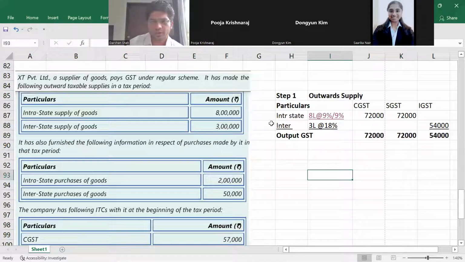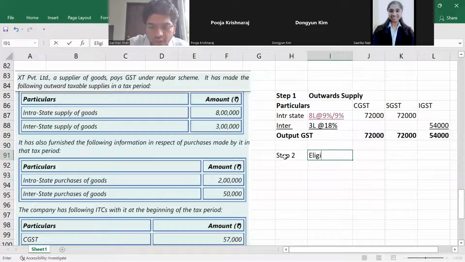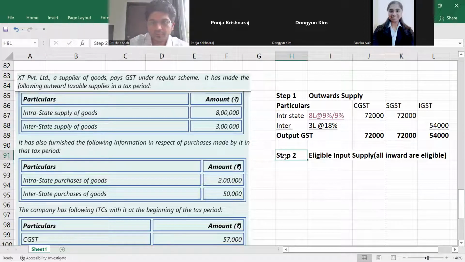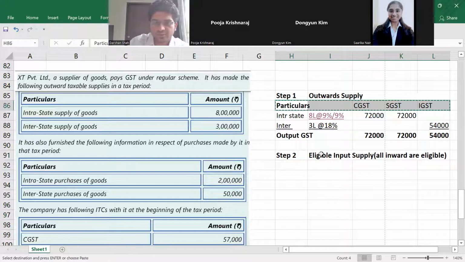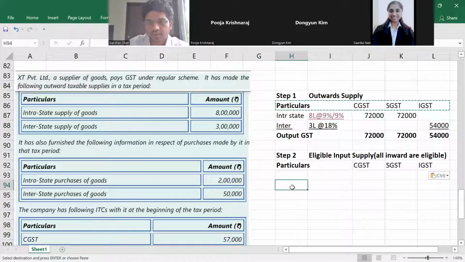Yes, sir. Now, step 2 is what? Step 2 is I just want to calculate eligible input supply. But in this question, we are assuming all inward supply are eligible. They have given in the question below that all inward supply are eligible. So our job has been made easy. So particulars, same columns. All right.